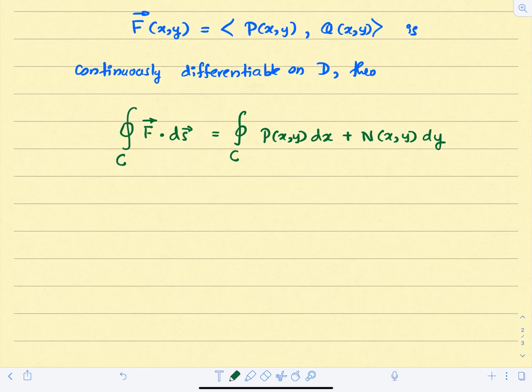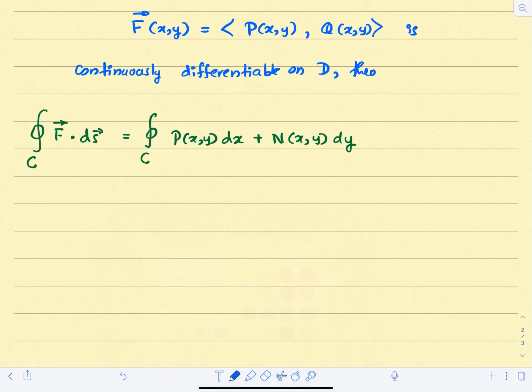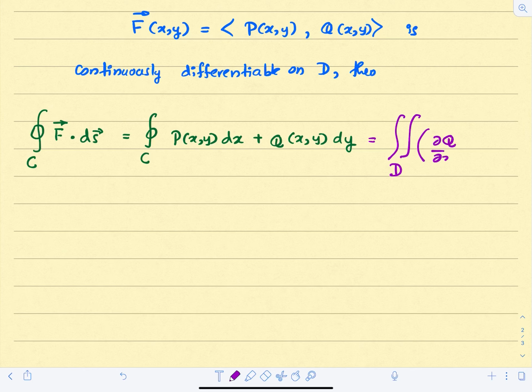So basically this line integral equals the double integral over the region D of partial Q over partial x minus partial P over partial y dA. This is Green's theorem.